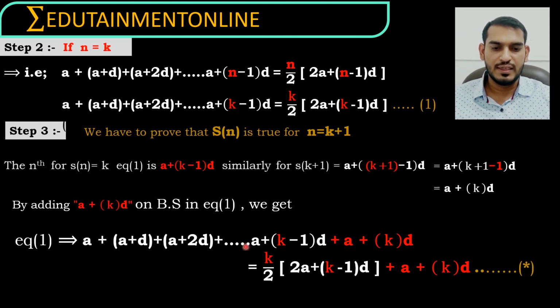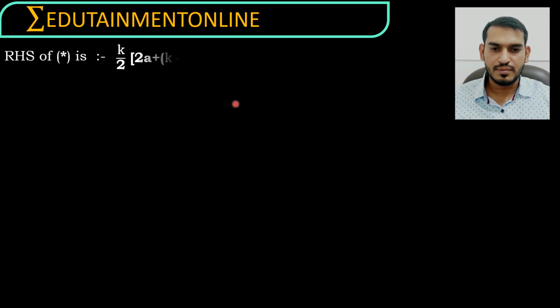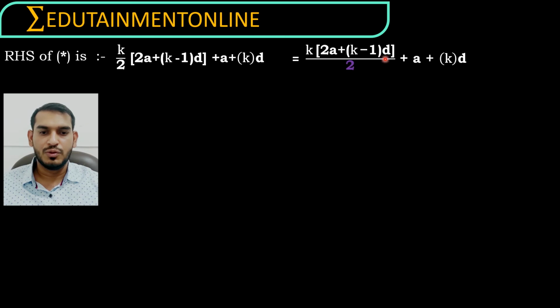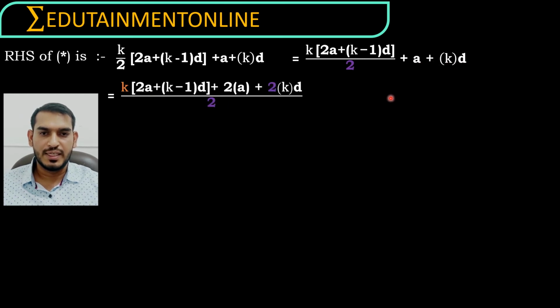Now considering the RHS, k by 2 into 2a plus k minus 1 into d plus the k plus 1th term, which we have added. The first term can be written as k into 2a plus k minus 1 into d by 2, plus a plus kd. Making the denominator the same, we multiply a plus kd with 2.